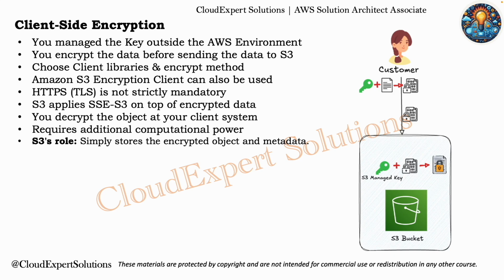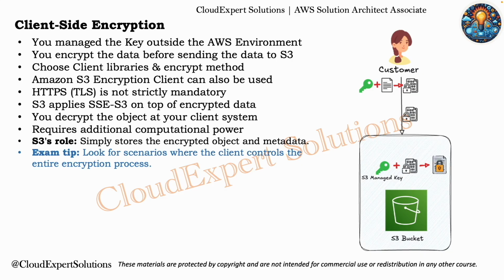S3 will only perform the default encryption, and it will add one more layer of encryption on top of your encrypted object. Now, in terms of exam tip, you should look for scenarios where the client controls the entire encryption process. If you find any phrases like this, it is hinting towards client-side encryption, not server-side encryption.